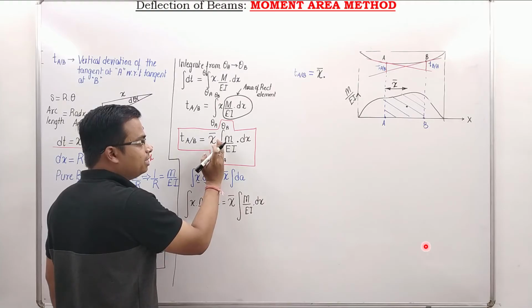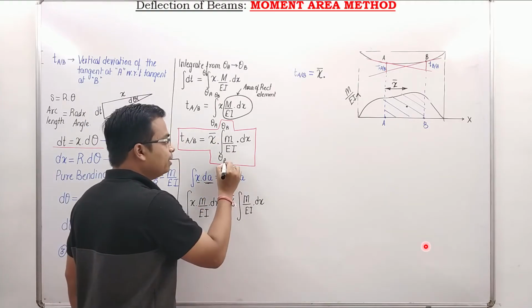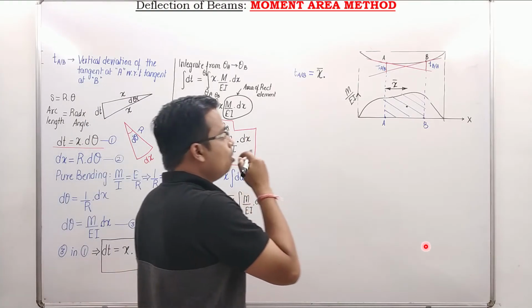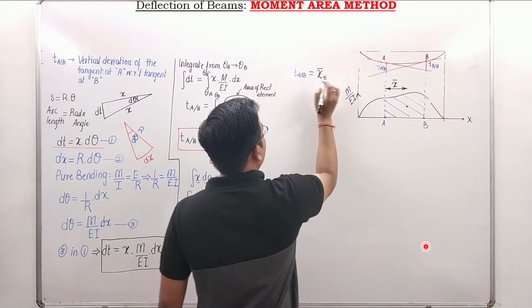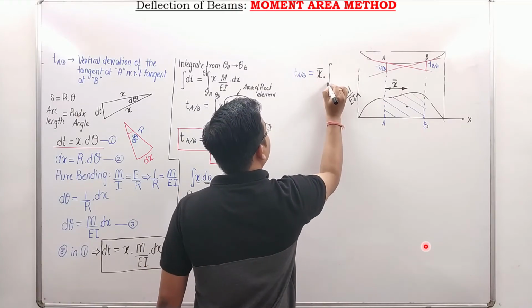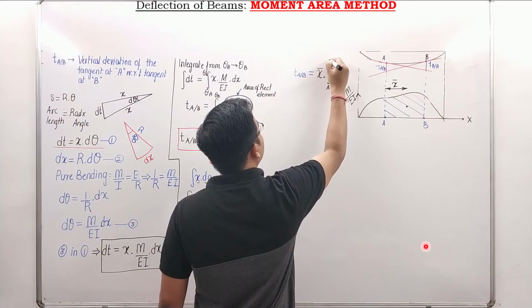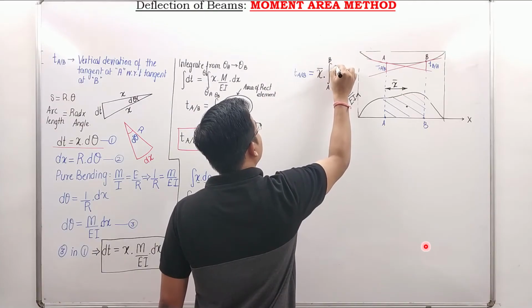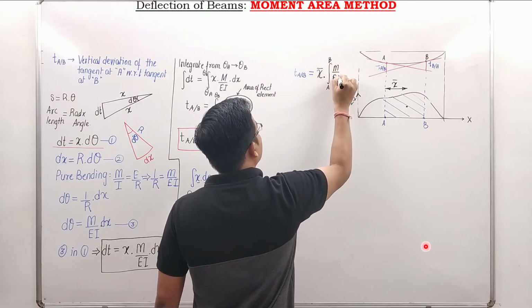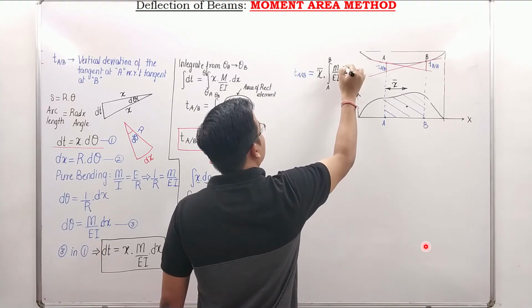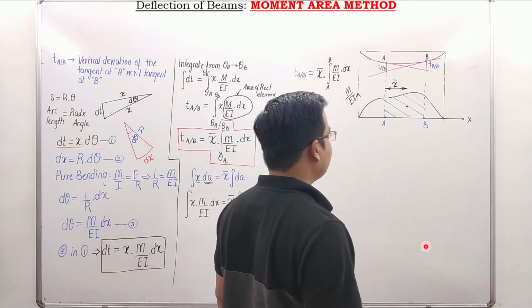This integral represents the area under the M over EI diagram between point A and point B. Let me write this: M over EI dot dx.